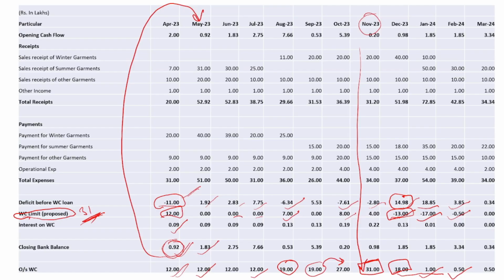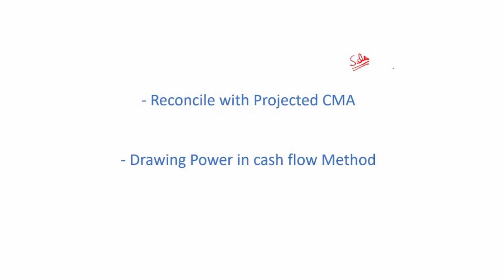For example, sales. How we can reconcile the receipts of sales from the CMA.